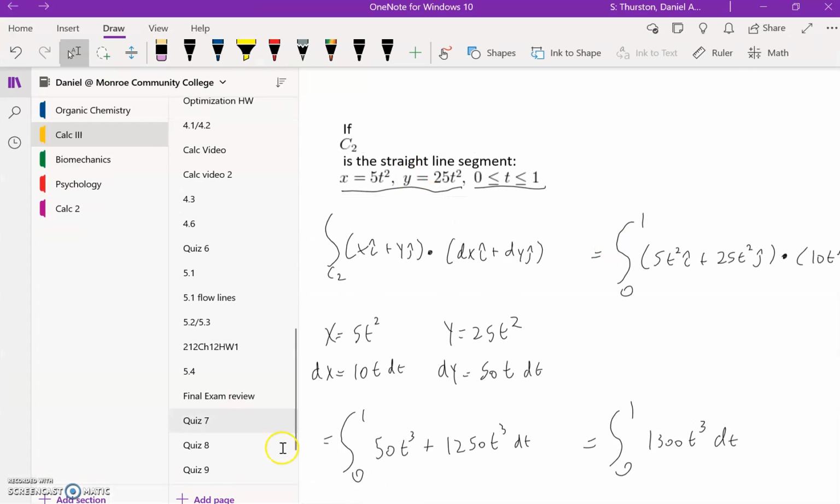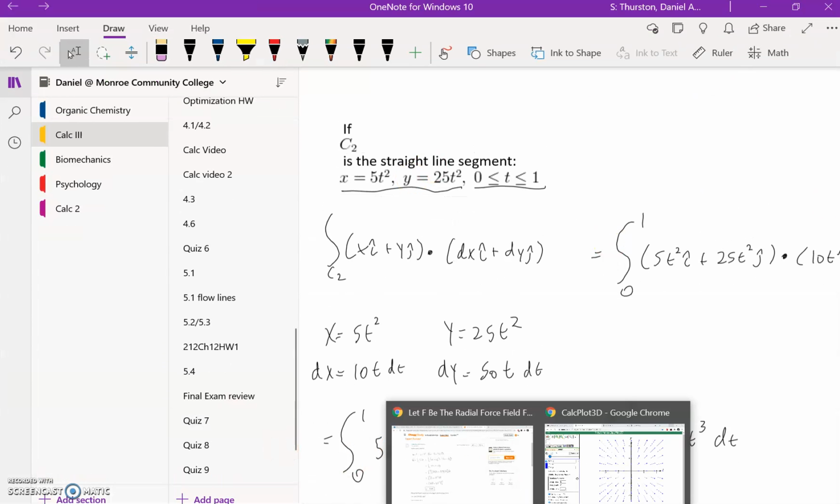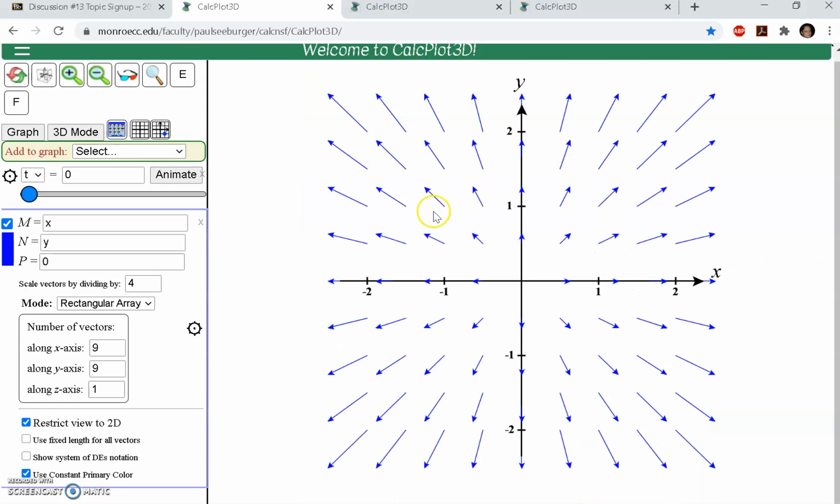So we can check in CalcPlot. First we just put in the vector field, the simplest vector field we can be given. We can tell it's conservative just by looking at it.